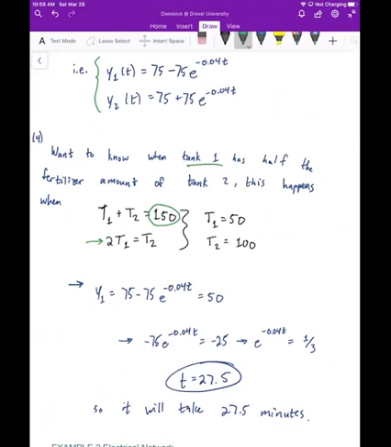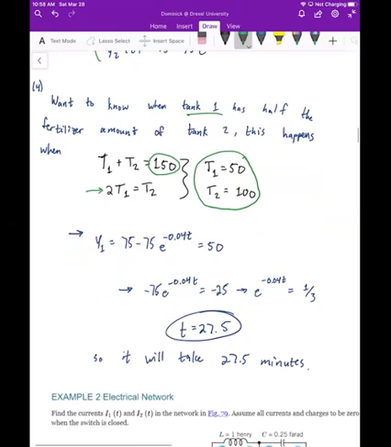This is when half of what's in tank 1 is in tank 2, or you could say you need to take 2 times what's in tank 1 to get tank 2. If you solve that, you get that y1 is equal to 50 and y2 is equal to 100.